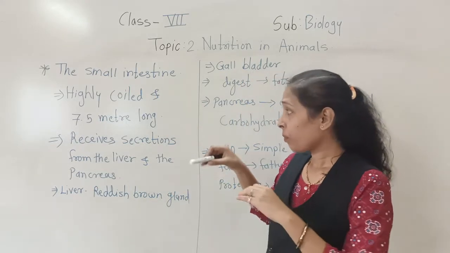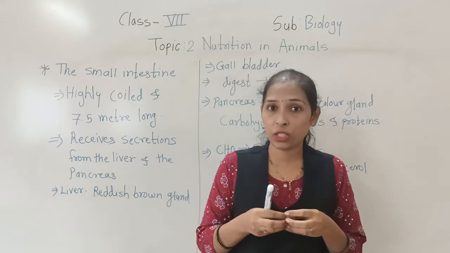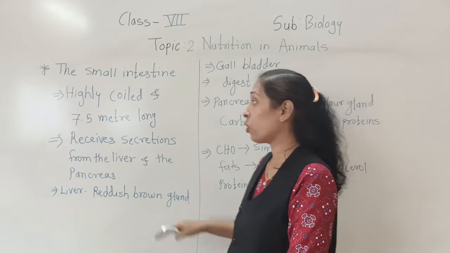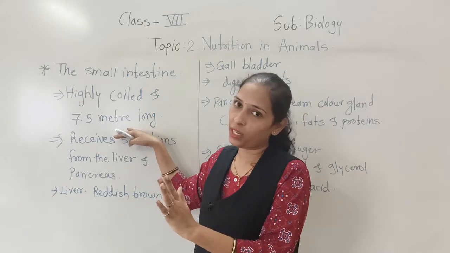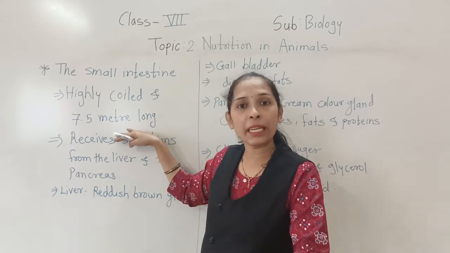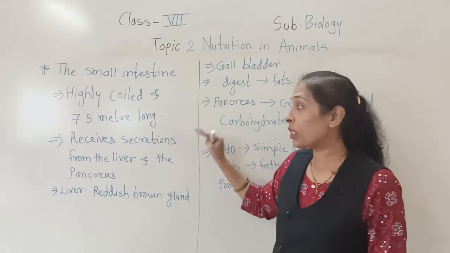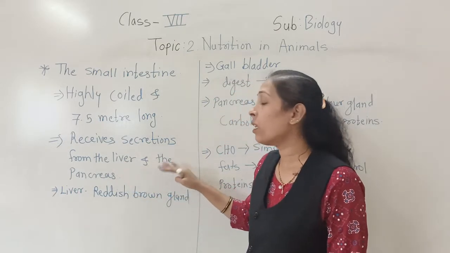Next, mostly the digestion of the food takes place in the small intestine only. The digestion process gets completed in the small intestine only. Okay, so this small intestine receives the secretions from the liver and the pancreas.